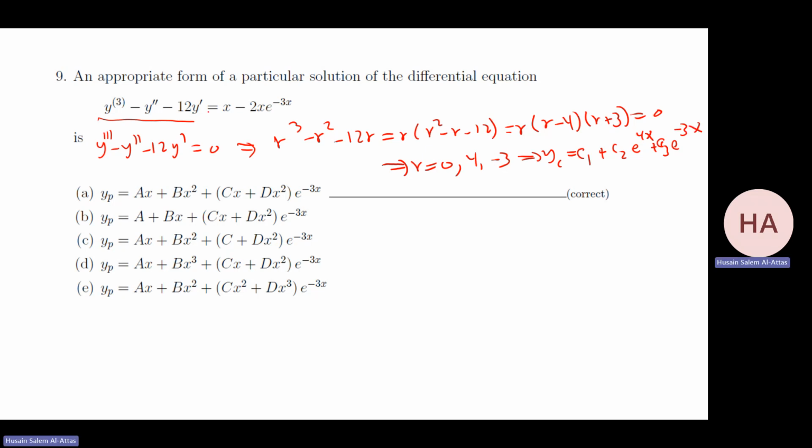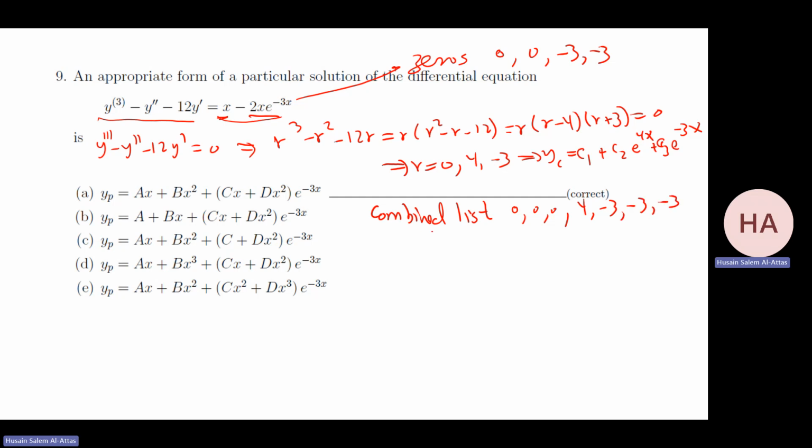Now I'll find the zeros from here. What are the zeros? I have 0 two times for the x, and here I have minus 3 two times. So it's the combined list: 0, 0, 0, three times, and minus 3, minus 3, minus 3.